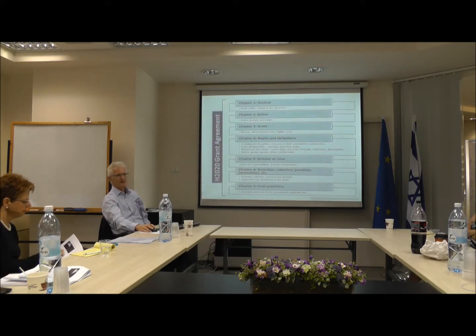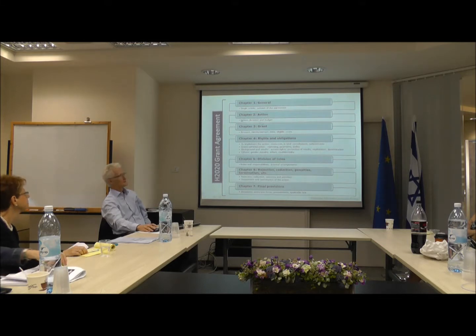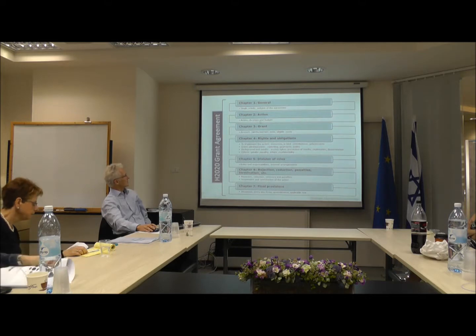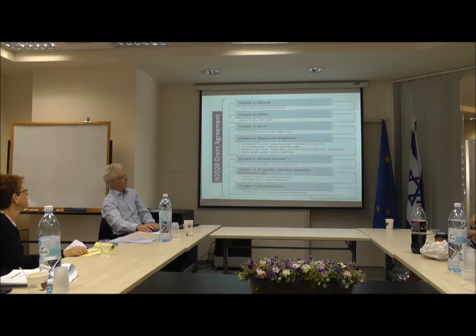That is the structure of the new draft agreement. It has 7 chapters. It starts with the general chapter, which is basically describing what it's all about. Chapter 2 describes the action and duration of the budget. Chapter 3 speaks about the money that we intend to give to this project. Chapter 4 specifies rights and obligations from both sides, of course.